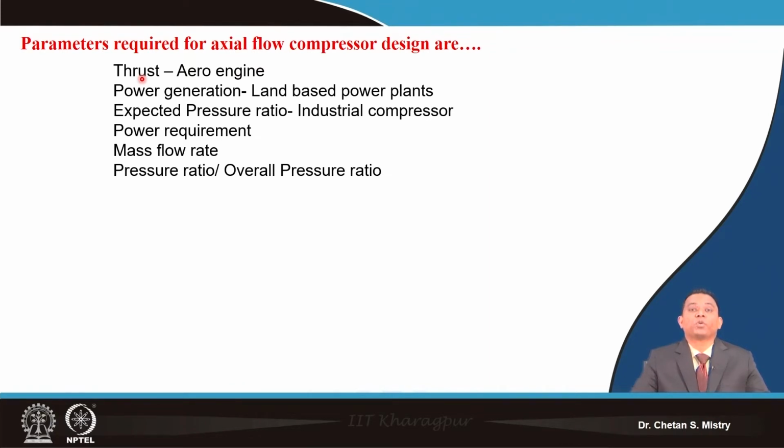We are looking at what overall pressure ratio we are expecting. For a commercial aircraft application where the thrust requirement is very large, my overall pressure ratio will be larger. If I consider a land based power plant where the expected power generation is large, that also needs a very large overall pressure ratio.